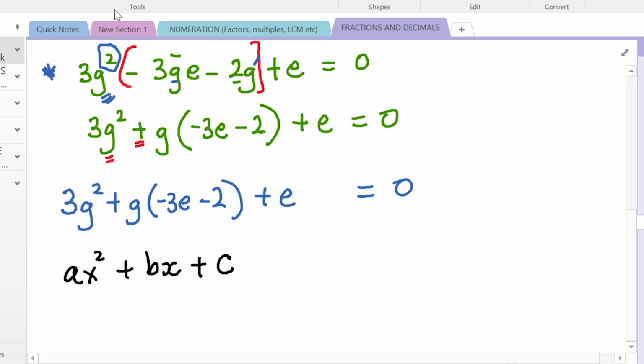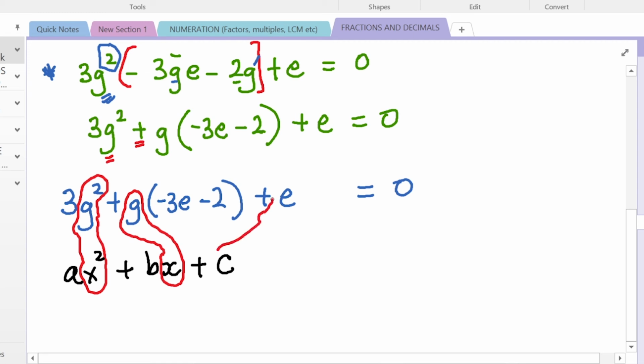And our value of x we said is g. So our g squared here is the x squared there. Our value of x here is the value of g here. Then the value of c is the constant here. Are we together?